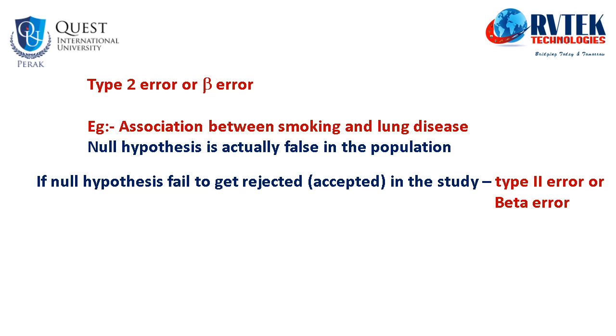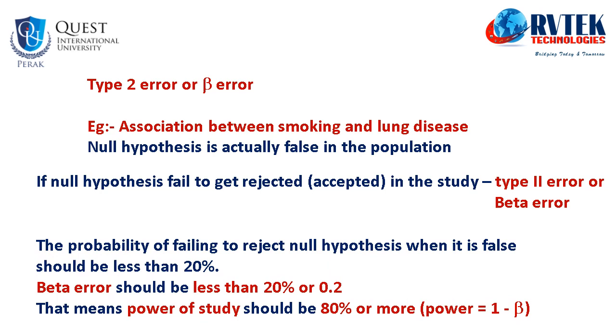Okay. The probability of failing to reject the null hypothesis, or the probability of accepting the null hypothesis when it is false, is known as beta error.